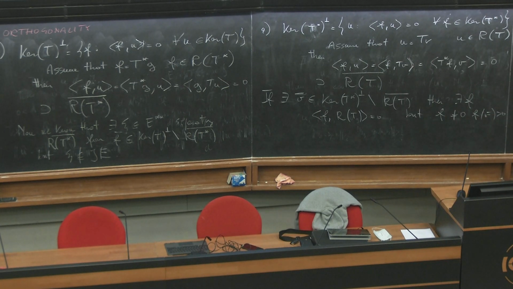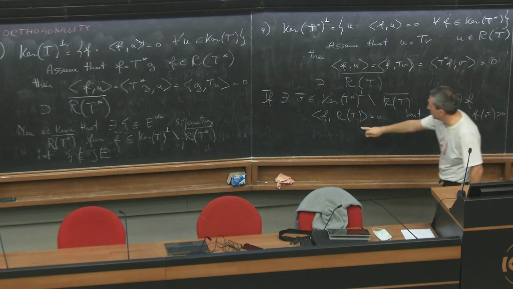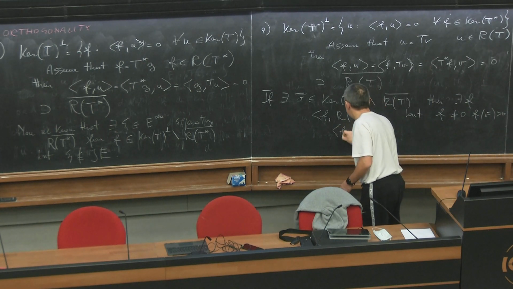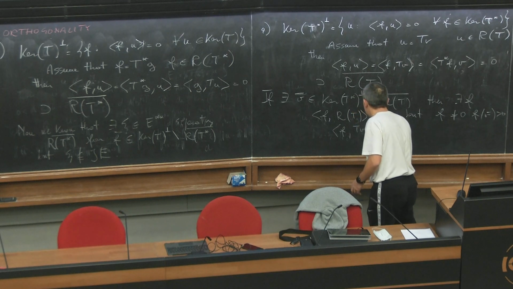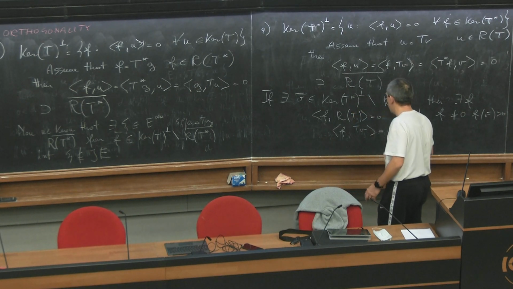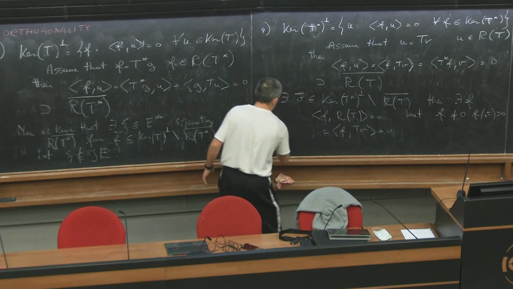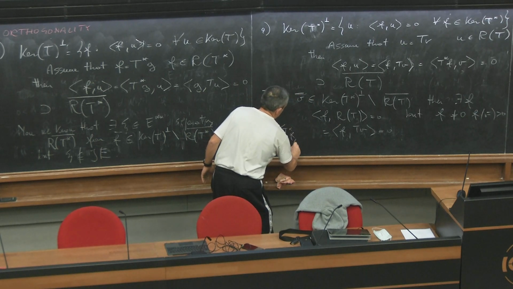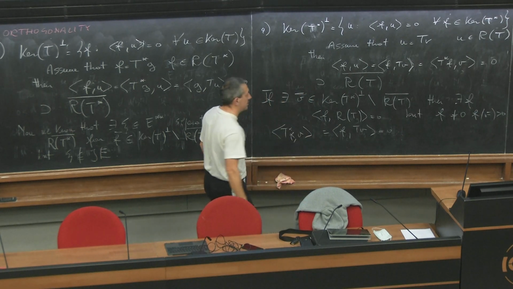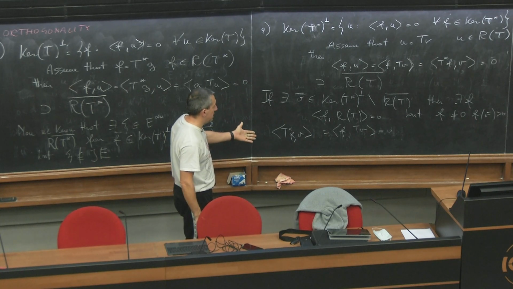This is the real condition. Okay, let's consider this. This means that F T V is equal to 0, but on the other hand, this is equal to T star F V. So it is 0 for each V.